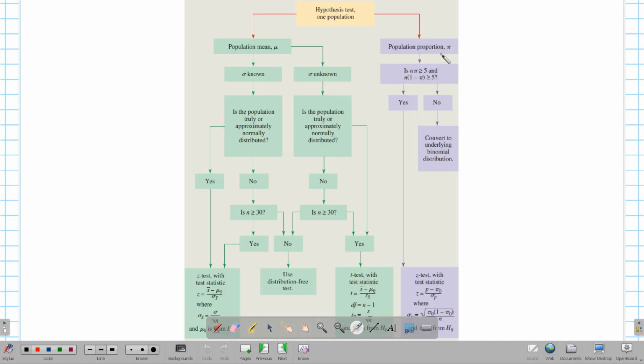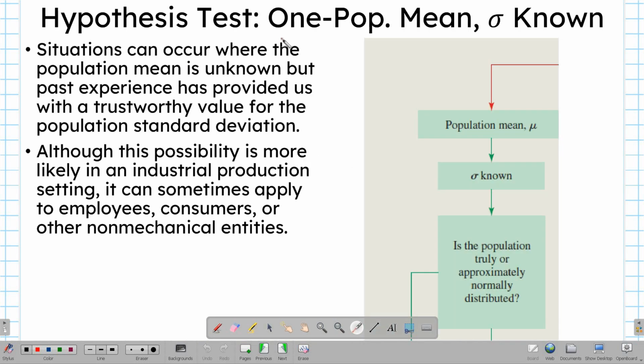If we're going to test one population parameter based on the sample data, we either test whether what we got is close to the population mean or close to the population proportion. Let's go first to the population mean.